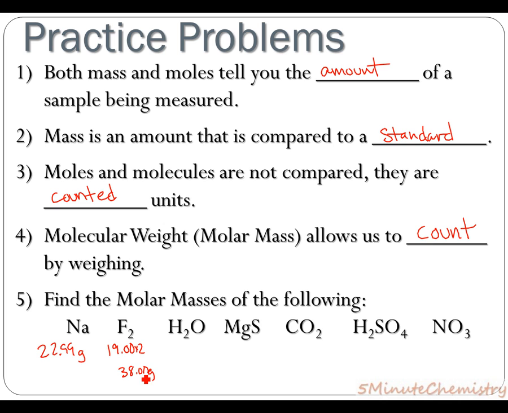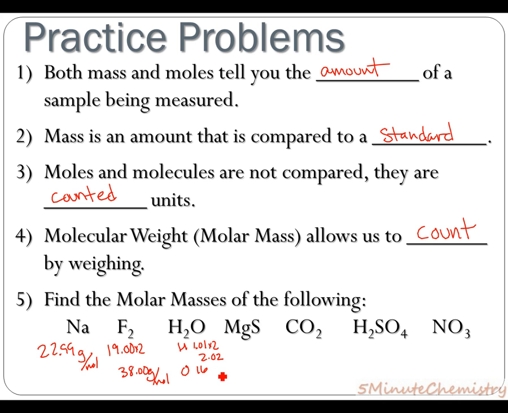Or in it, I should say, in a mole of F2s. In fact, what I'd like you to do is just think about those in these terms. 22.99 grams per 1 mole. Grams per mole.